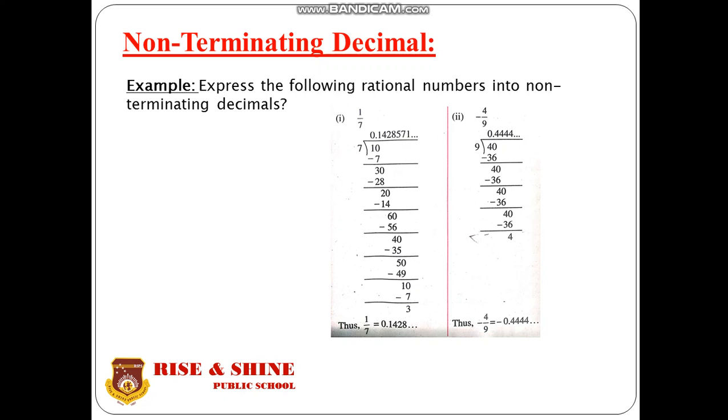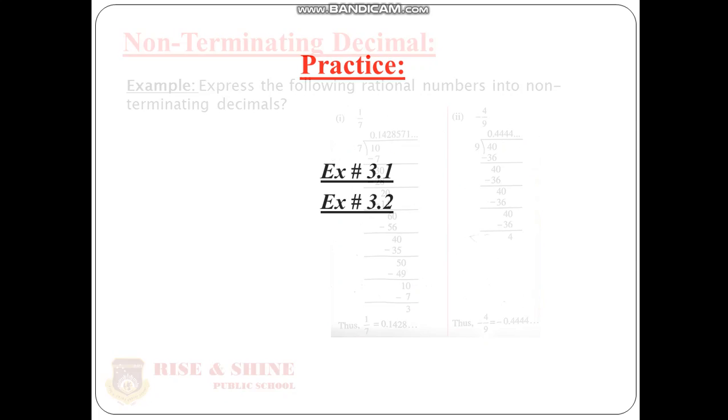Students, through the rules of division, we have to divide it, but we see that our answer is not finite, it is infinite and goes on. So that's why these are called non-terminating decimals, and we see both concepts, that terminating decimals have a finite number of digits and non-terminating decimals have an infinite number.